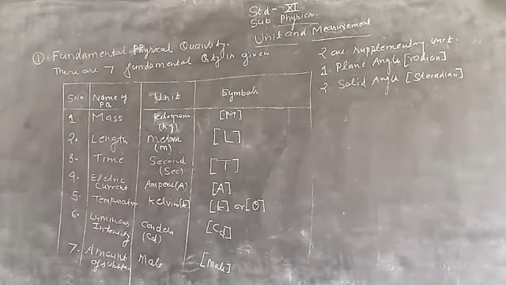The first supplementary unit is plane angle, measured in radian, and the next is solid angle, measured in steradians. So we have to remember 7 fundamental quantities and 2 supplementary units: plane angle and solid angle.